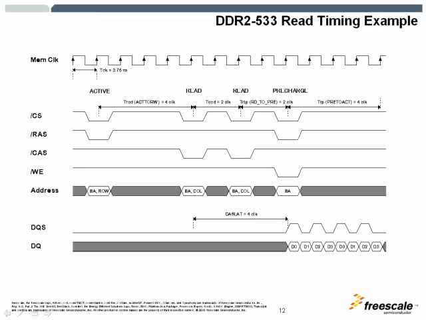Here is a timing example, or a diagram, that depicts the active command, and while the active command is sent, the row and bank information is also sent at the same time. The clock, command and address bus are all sent at the same time.